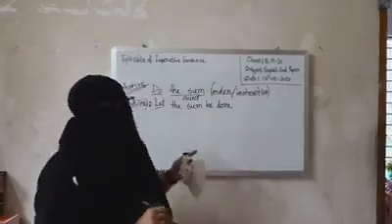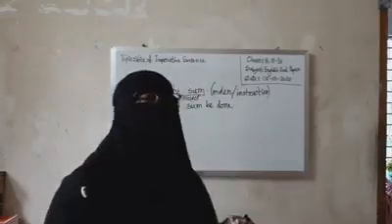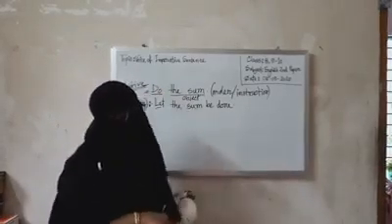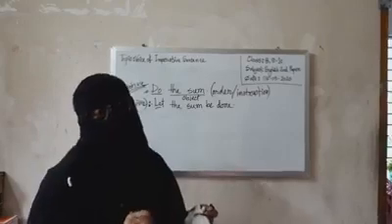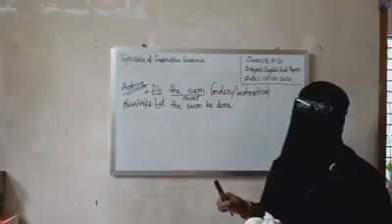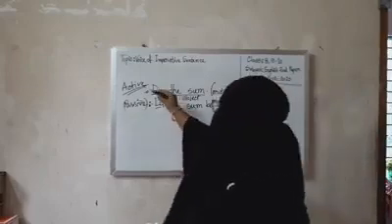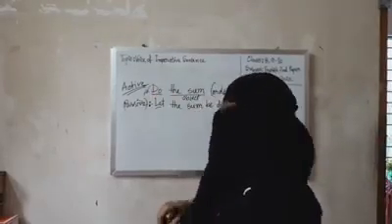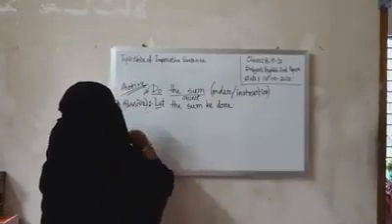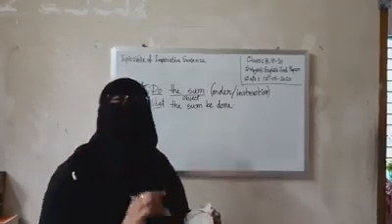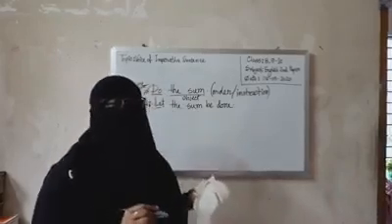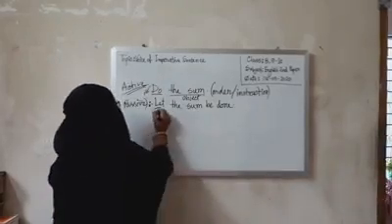Here we don't need to use by because there is no subject here. Please notice that here we do not use by because there is no subject. So what should we do? Firstly, whenever we change an imperative sentence into passive, we have to use let.